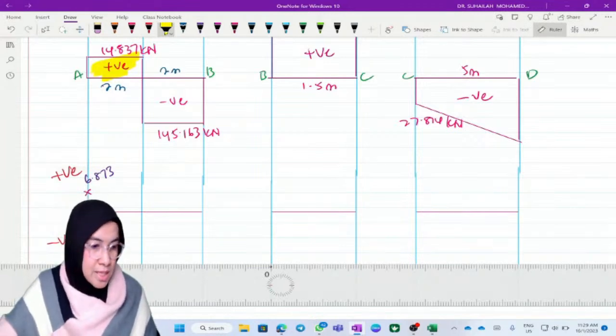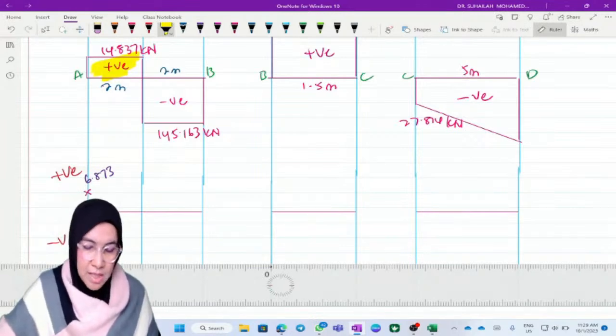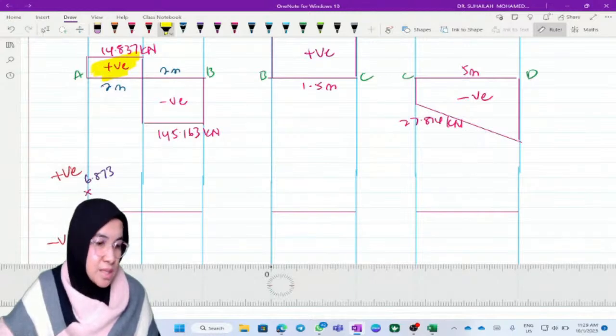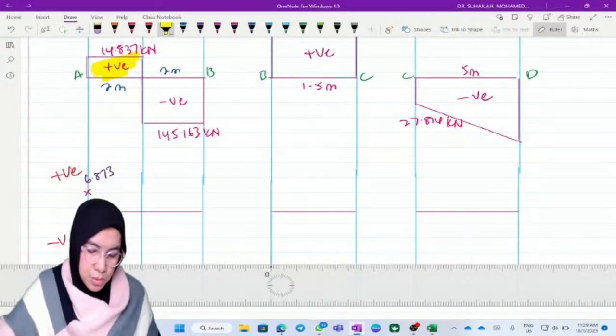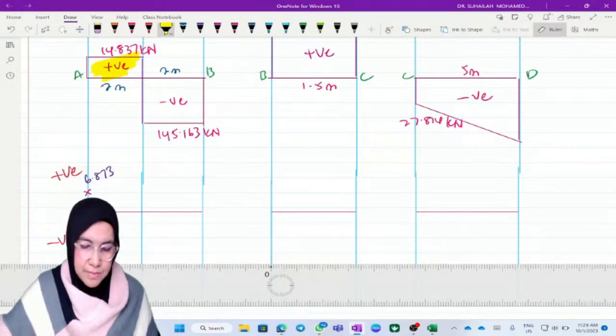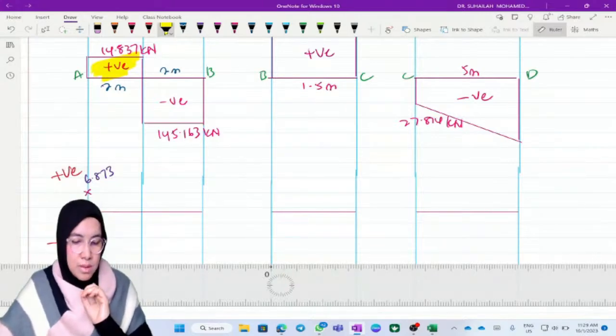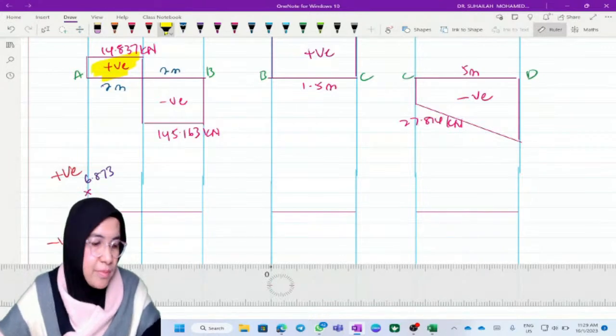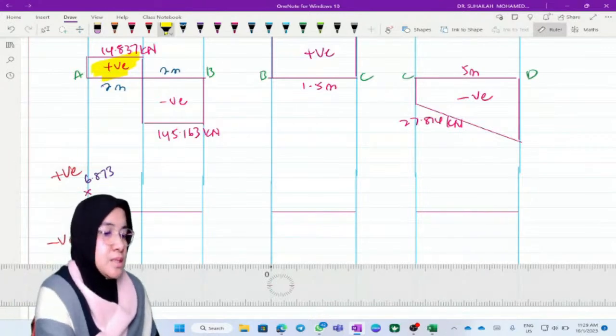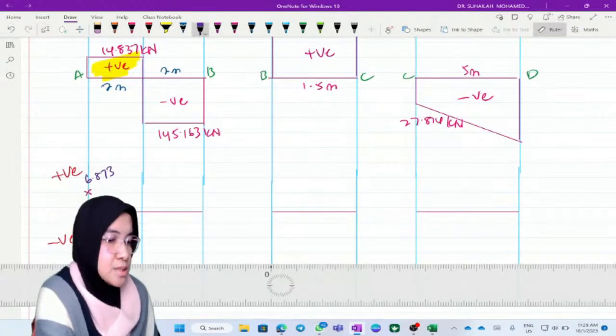So it is 6.873 plus 2 times 14.837. We got 36 positive, which means the point is somewhere here.